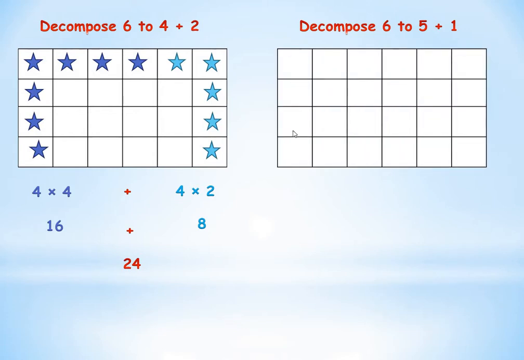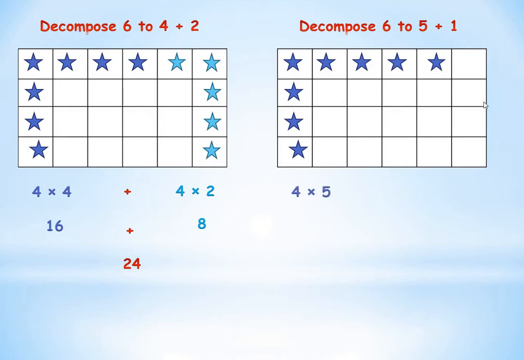So in this array, the short side, 1, 2, 3, 4, is never changed, and the long side we decompose into 5 and 1, like this. The first part of the array is 4 and 5. Can you represent this array? Yes, it's 4 times 5.